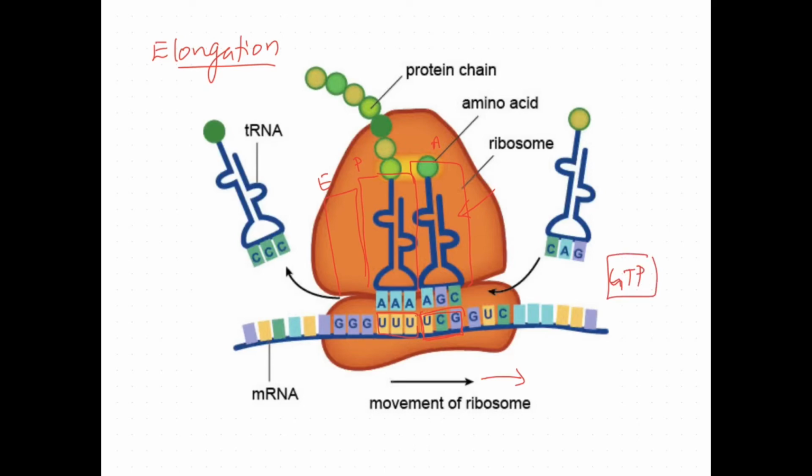Peptide bond formation occurs between the amino acid on the P site and the amino acid on the A site, that is, between the carboxyl group of the amino acid bound to the tRNA at the P site and the amino group of the amino acid bound at the A site.